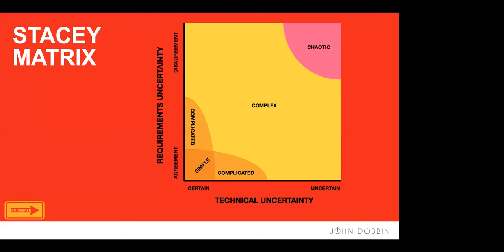So the first tool that I want to introduce you to, if you haven't seen this before, is called the Stacey Matrix. Now, this is an adaptation of Ralph Stacey's matrix. Ralph Stacey was a management theorist and a mathematician.